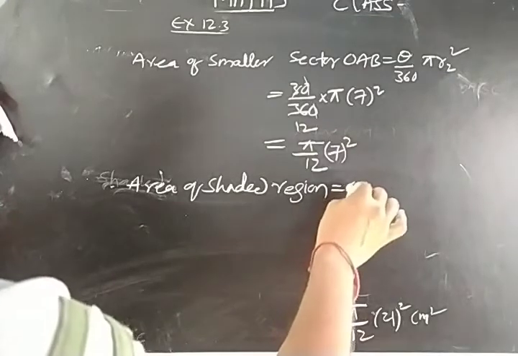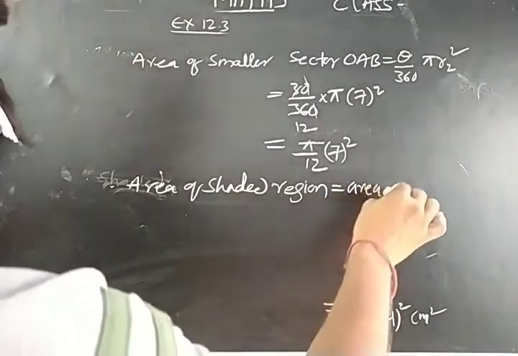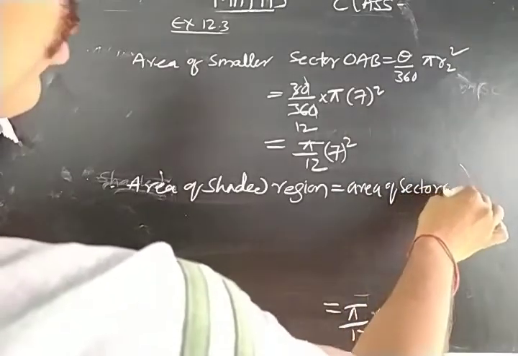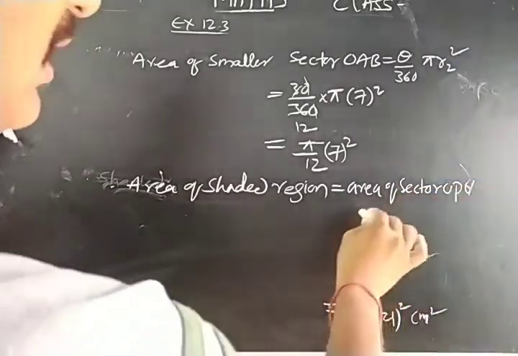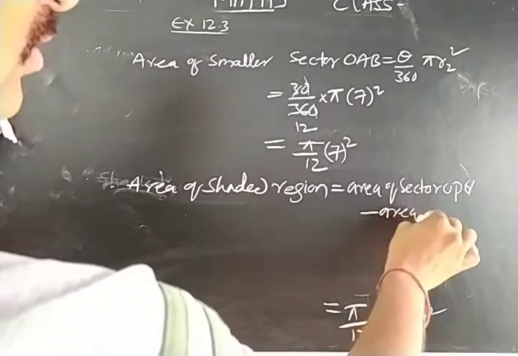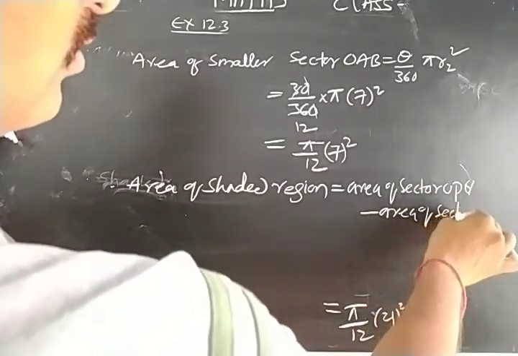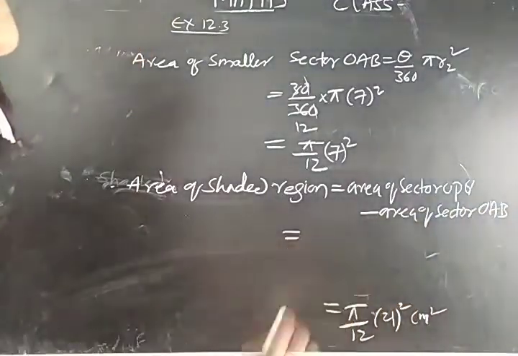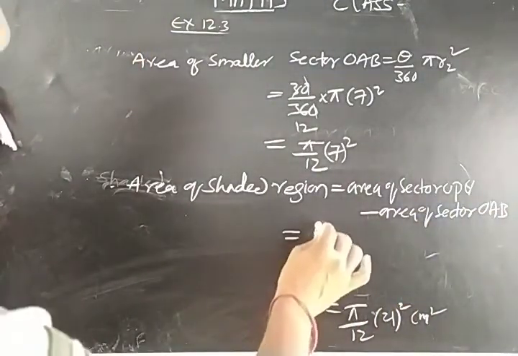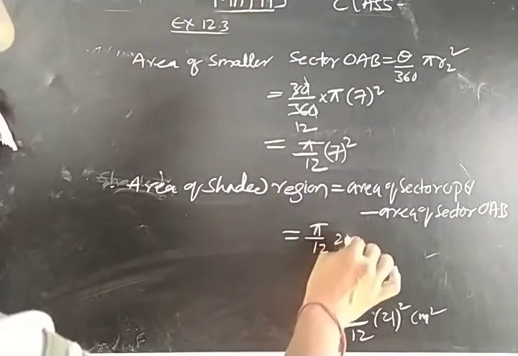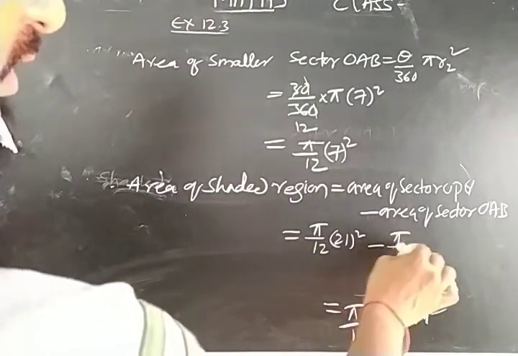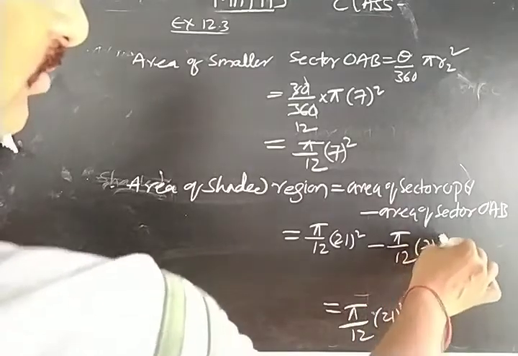That is equal to the area of sector OPQ, from which we subtract the area of sector OAB. Area of sector OPQ is pi by 12 into 21 squared. Area of sector OAB is pi by 12 into 7 squared.